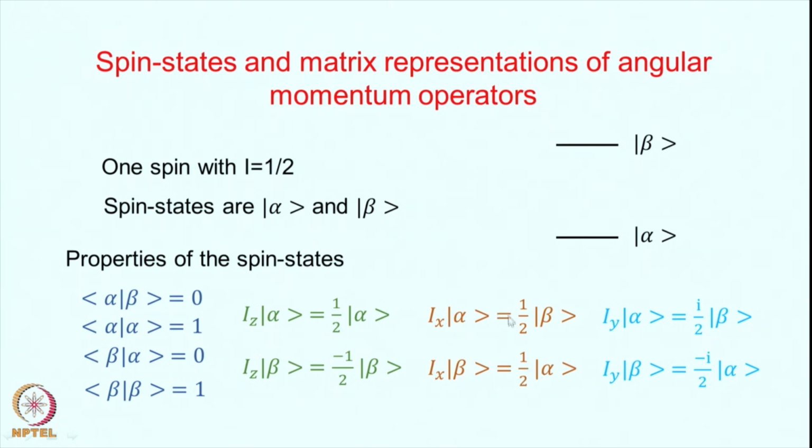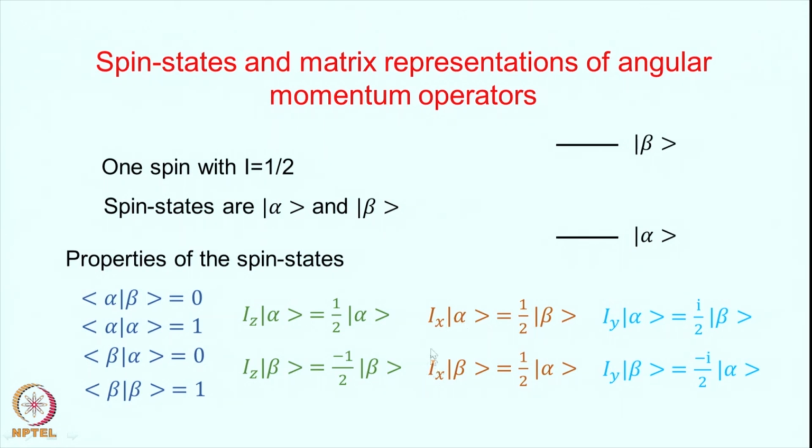In fact, this is what was used when we described the selection rules for energy absorption by the RF. The RF was applied along the x axis, and the Ix operator came in as a perturbation by interaction of the RF field with the magnetic moment, and because of the change of state, the delta m equal to plus minus 1 selection rule was derived.